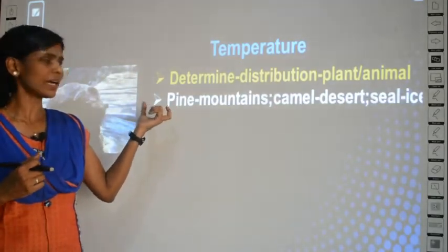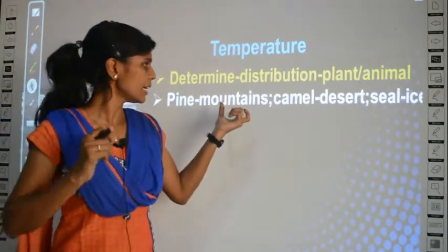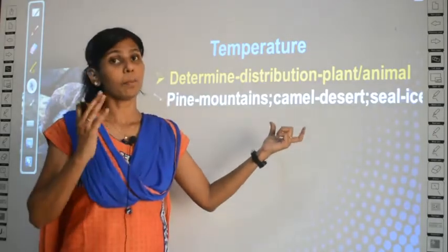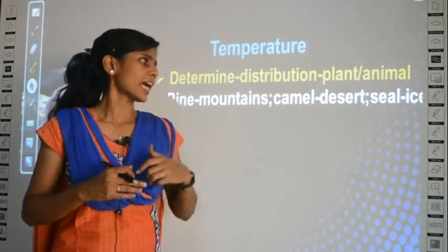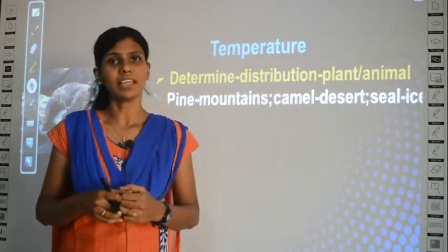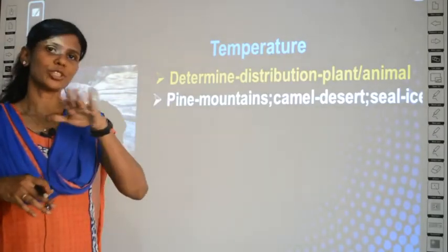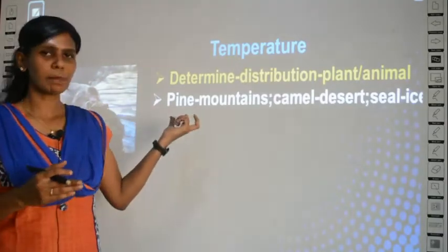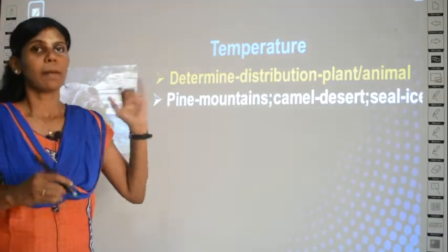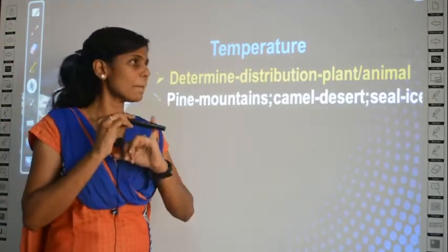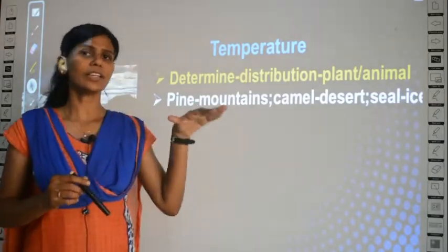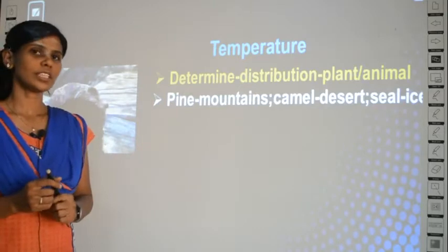Say for example, pine trees can be cultivated only in mountains, camels can be found mostly only in the desert, and seals you can find only in frozen conditions, on the ice only. So the 3 examples given in your textbook are: pine trees on the mountains, camels in the desert, and seals on the ice or frozen regions mostly.